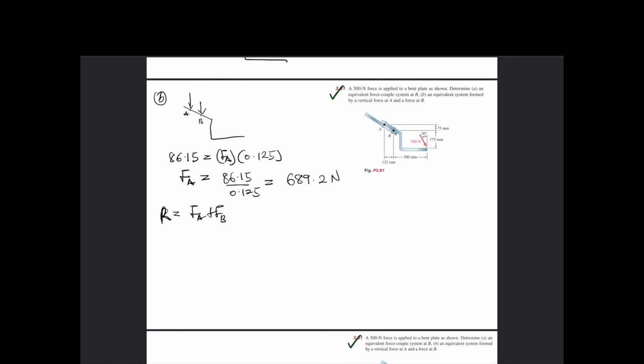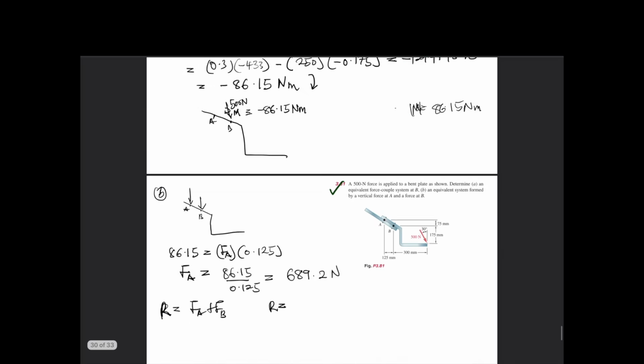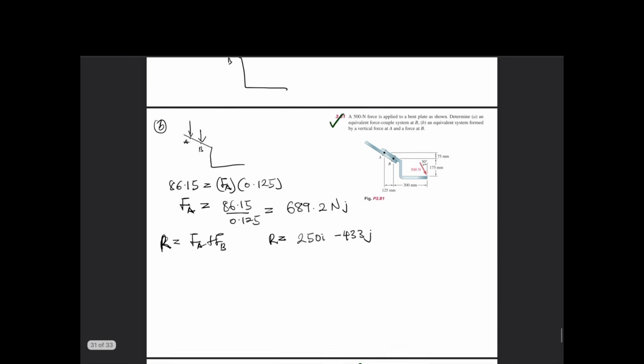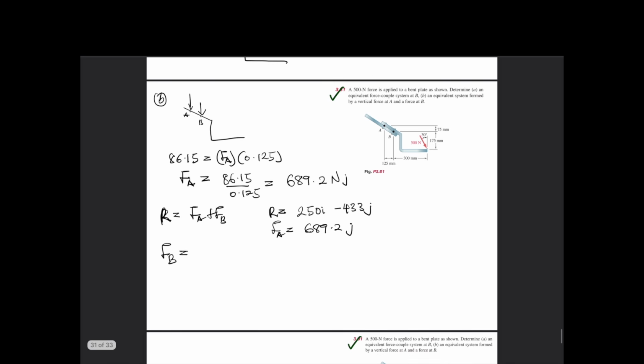So our R, from our initial calculation, is 250I minus 433J. Then our FA is 689.2J.